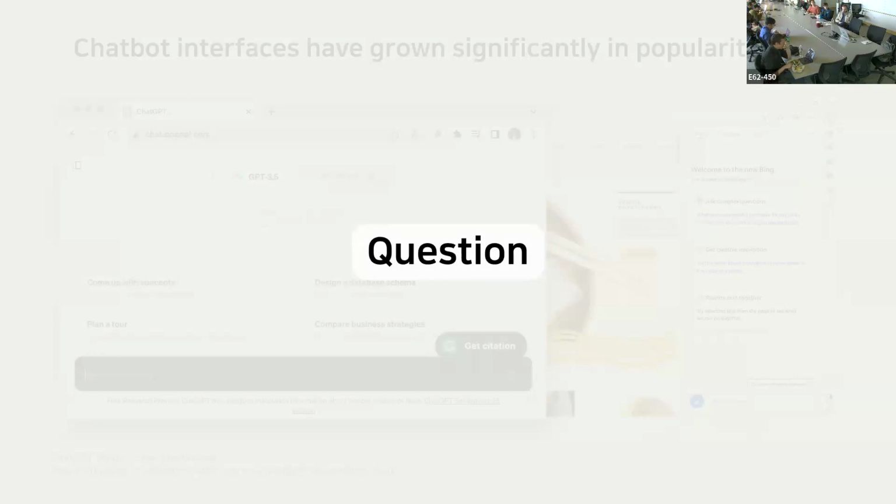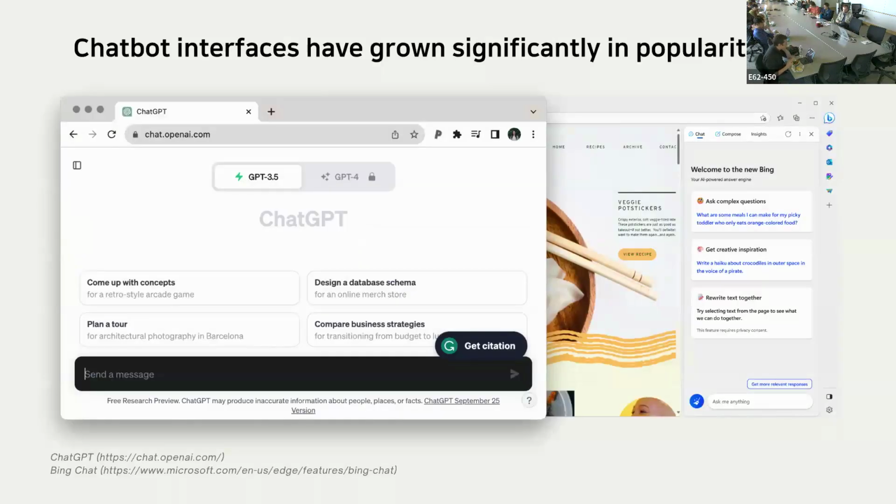All right, so one question. Raise your hand if you've used ChatGPT. Everyone? Okay, raise your hand if you've used ChatGPT for writing. Okay, most people. Cool. So yeah, I think chatbot interfaces have grown significantly in popularity.